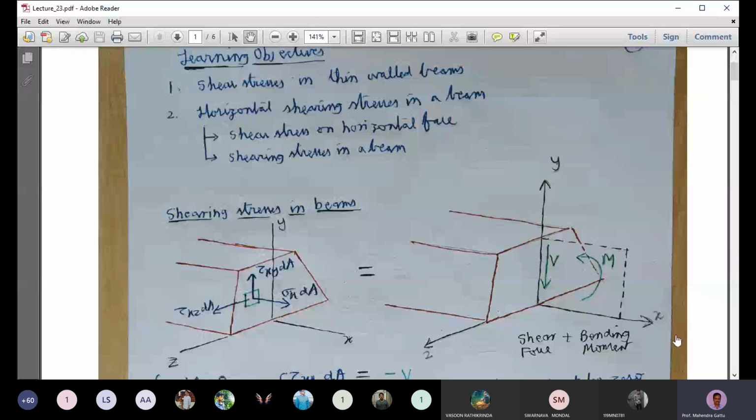Okay, so we'll discuss the shear stress distribution in tomorrow's class.